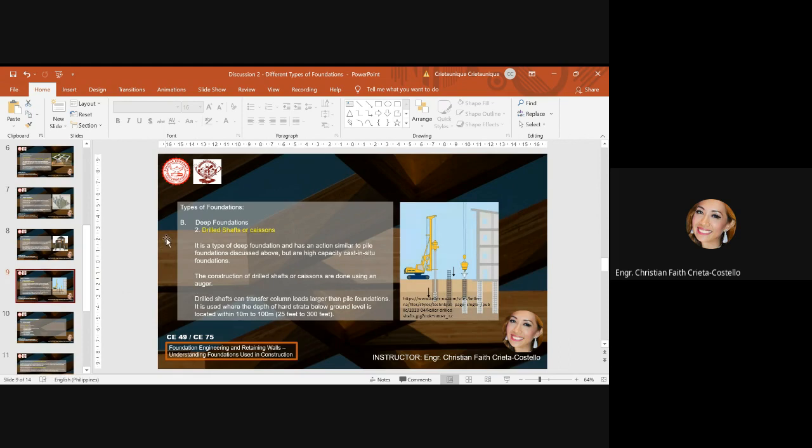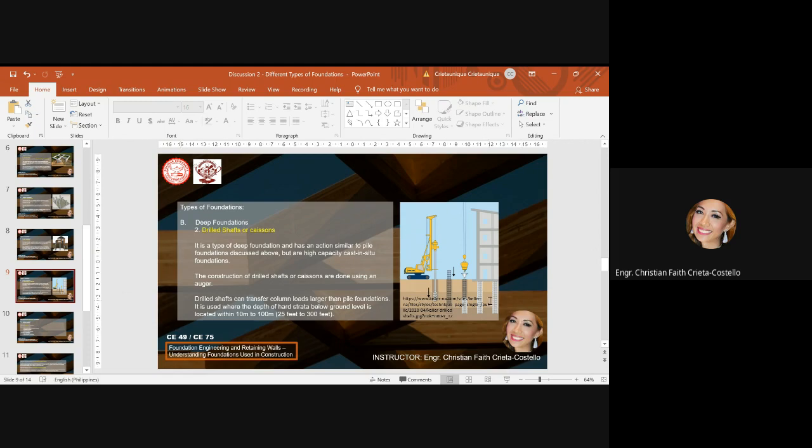Then we will now talk about drilled shafts or caissons. Drilled shafts, also called caissons, are a type of deep foundation and have an action similar to pile foundations discussed above, but are high-capacity cast in situ foundations.